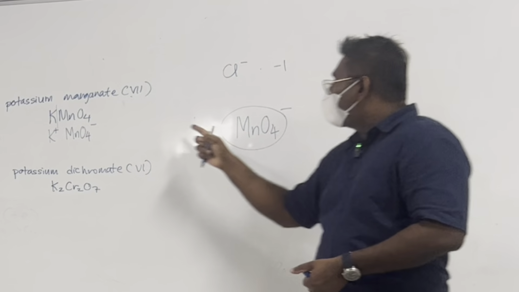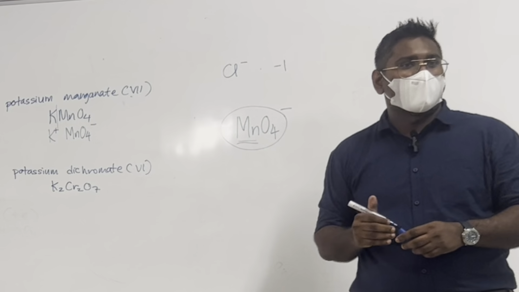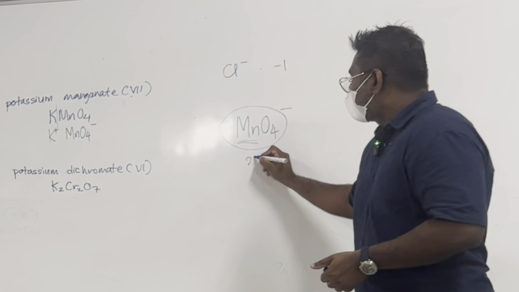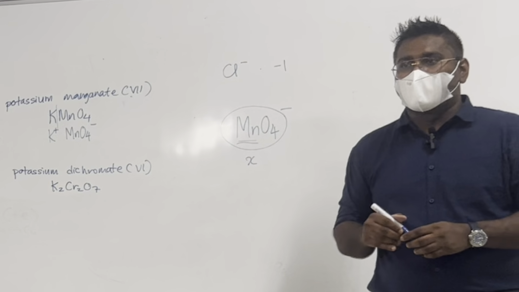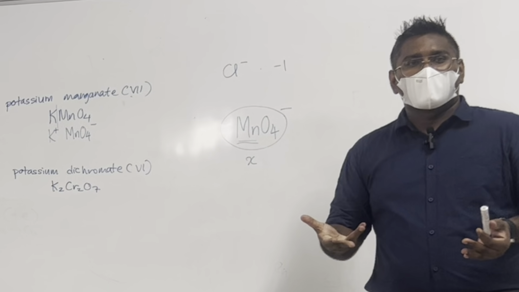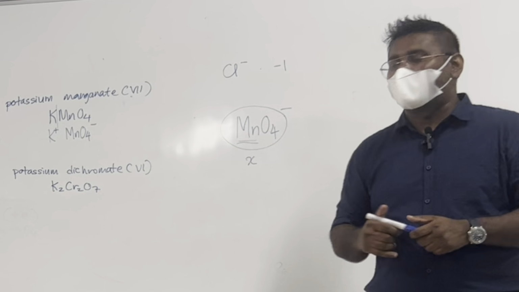For manganate, I do not know the oxidation number, so I put it as X. Oxygen in a compound must always be negative 2.